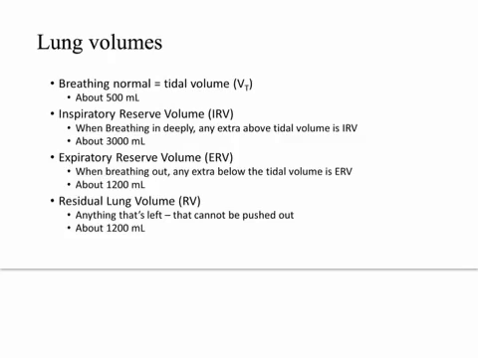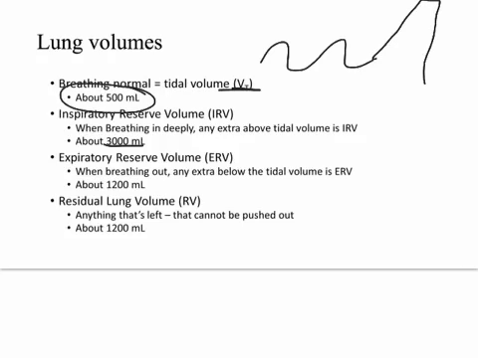First, lung volumes. We said that we have a tidal volume, that is about 500 milliliters, so up and down 500 milliliters. Then we have this inspiratory reserve volume, so going all the way up and all the way back down. From here to here is about 3,000 milliliters or 3 liters, which is about 6 times more than the tidal volume.